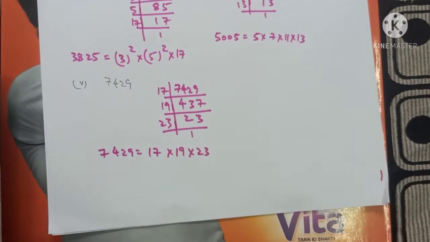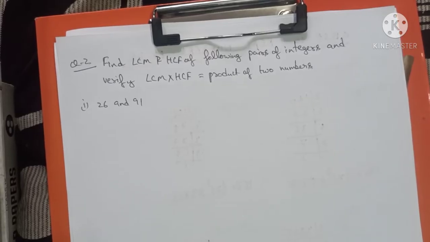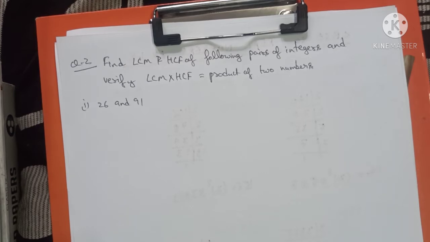That's it. Okay, now question number 2. Find the LCM and HCF of the following pairs of integers and verify that LCM into HCF is equal to the product of the two numbers.